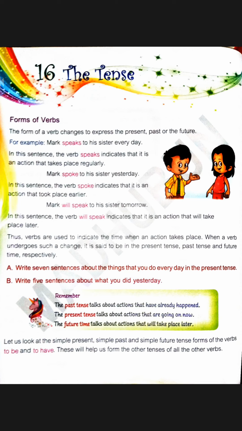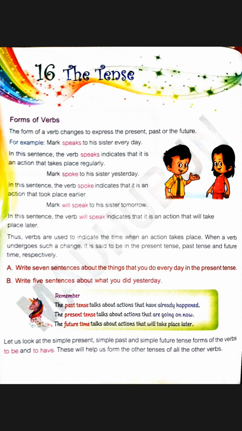Okay, now so the three types of tense are past tense, present tense, and future tense. Past tense talks about actions which have already taken place, okay, which have already happened. Now present tense talks about actions which are going on just now, and future tense talks about actions that will take place later in the future.